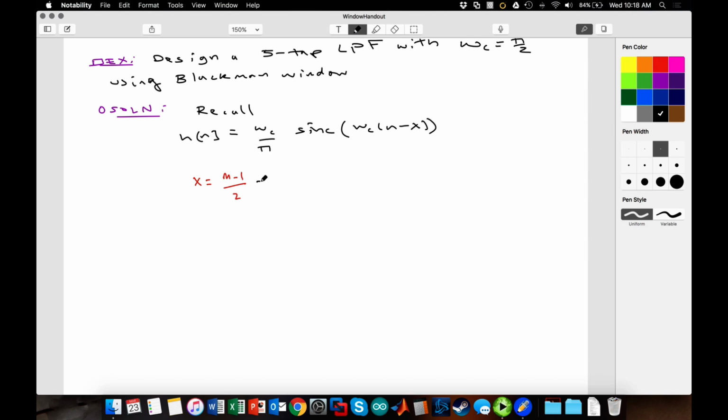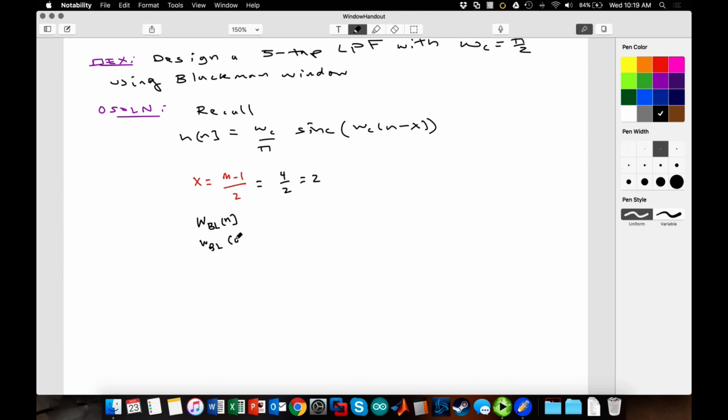And M is my number of taps, so this is equal to 4 over 2, which is equal to 2. So the first thing we do is calculate the filter, and we also need to know the value of the Blackman window at each of these points. So let's look first of all at w_BL of n for each of the points.